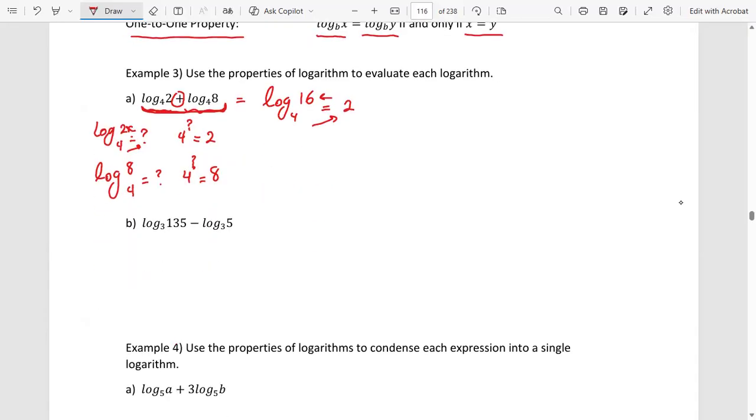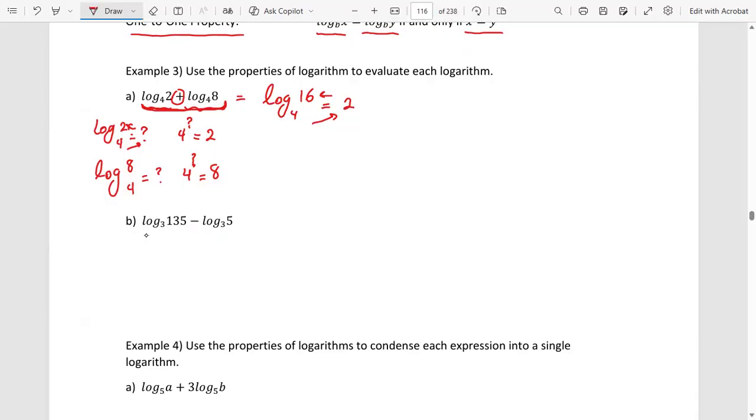Next part. We want to know what's the log of 135 minus log of 5. Again, I have no idea what power of 3 is 135 and what power of 3 is 5. Just a calculator can find that. But I know that I can use the properties of the log, and whenever I see a subtraction between two logs, that means I have to divide those terms.